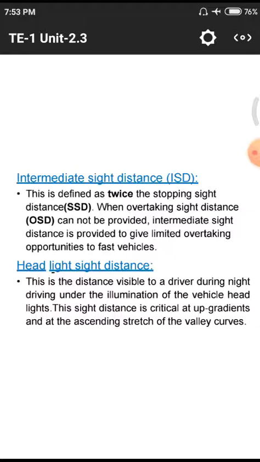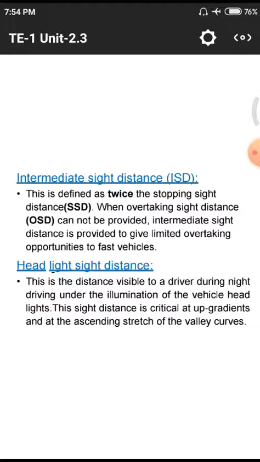That means in overtaking zones intermediate sight distance is not kept. Intermediate sight distance is provided to give limited overtaking opportunities to a few fast vehicles. That means in expressways and national highways, these intermediate sight distances are mainly kept to overtake fast moving vehicles one after another.